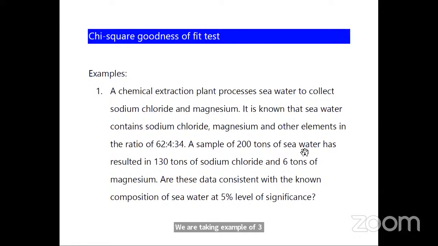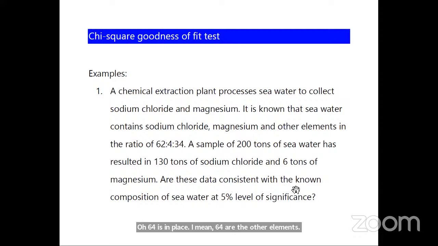A sample of 200 tons of seawater has resulted in 130 tons. Means a total of 200 tons of seawater was taken and sodium chloride and magnesium were extracted from it, and we are checking whether it is really in the proportion of 62:4:34. 130 tons of sodium chloride, 6 tons of magnesium, and of course the other elements are the remaining 64.